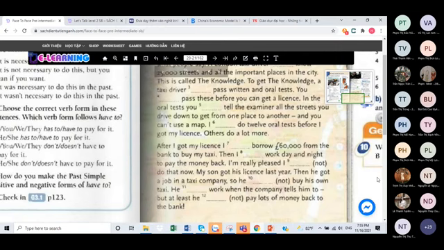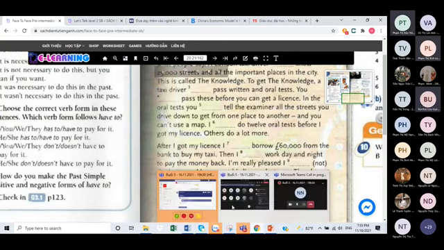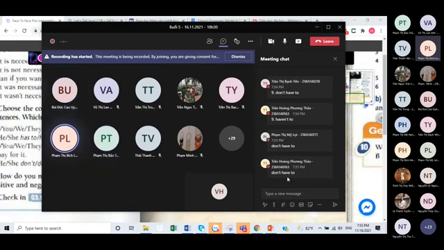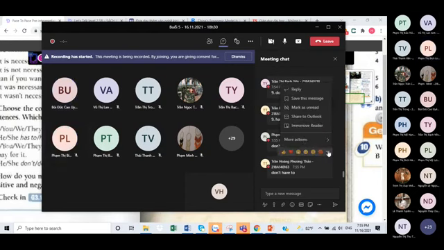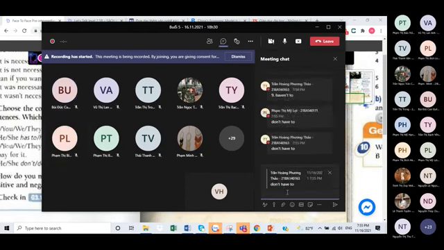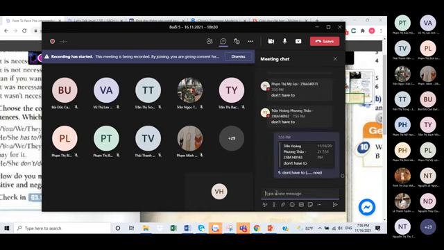So here, I don't have to or I didn't have to. Number 9, which one? Because now you have it now, so I don't have to. Because later on you have it now, right? So it should be don't have to. That's right.